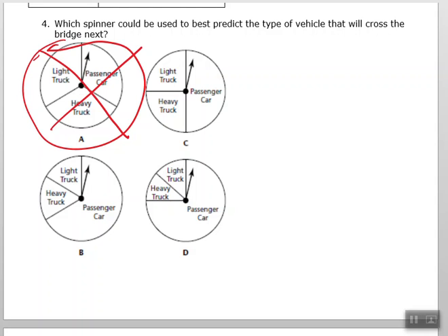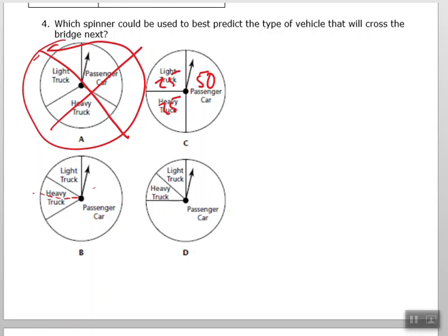Now over here I have passenger car, light truck, heavy truck. And this is about 50%, and this is about 25, and this is about 25. So we're getting closer, but I'm still not convinced. For this one, I have definitely a little bit less than 75% here, because if it was 75%, it would go right across like this.